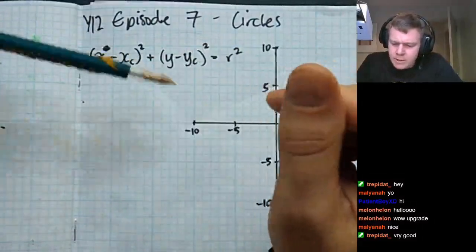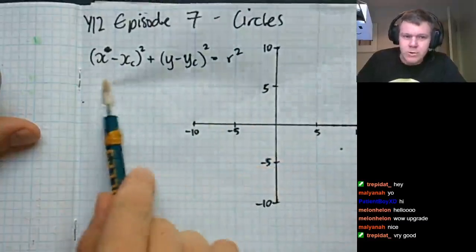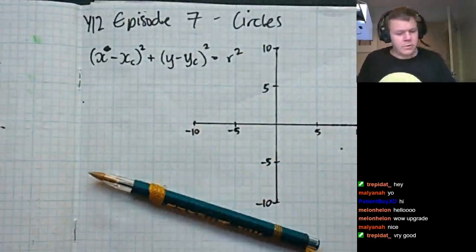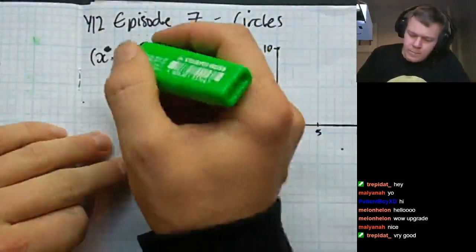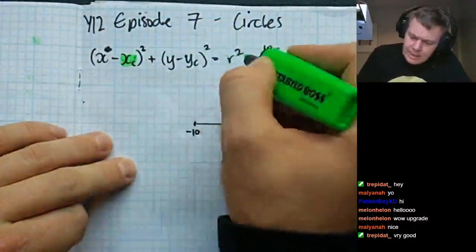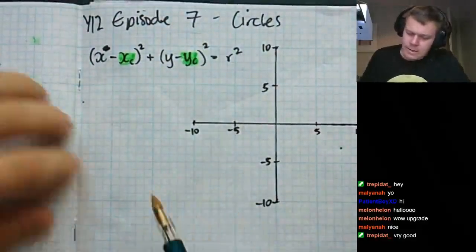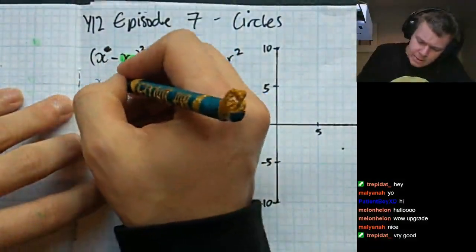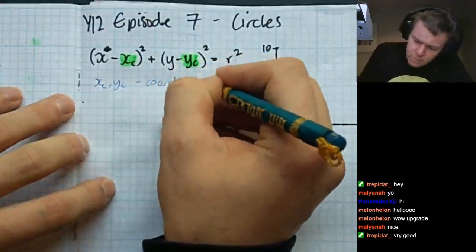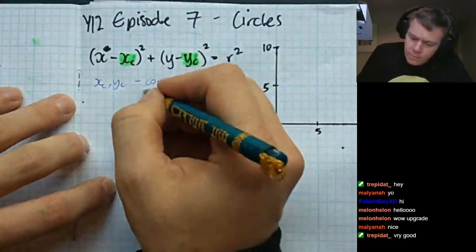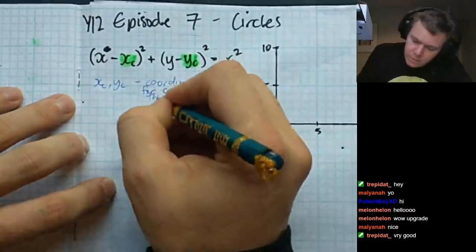So today I'm going to introduce to you guys this general circle formula. There are two things that might stick out: this XC and this YC. Those parts, XC and YC, are the coordinates for the center of the circle.